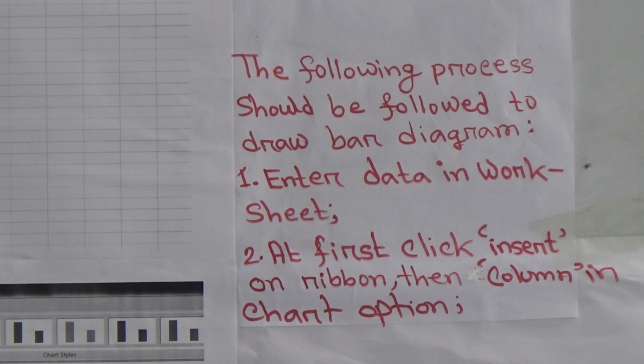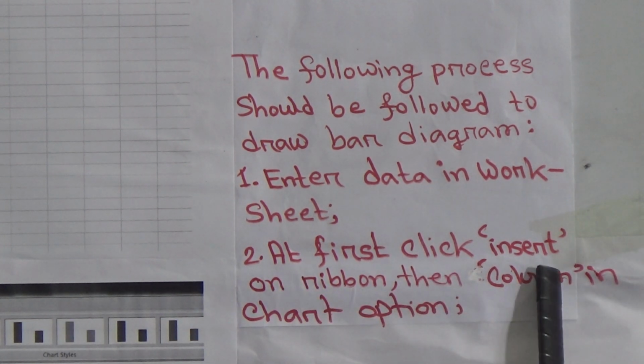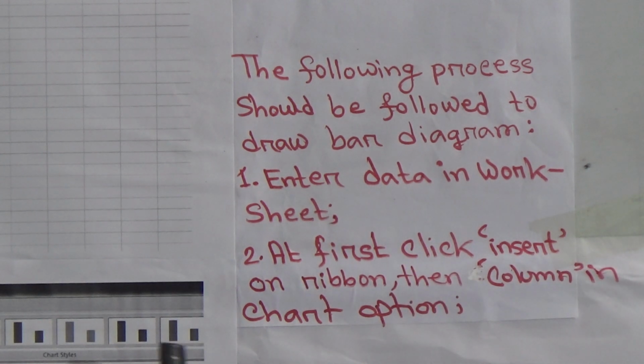We talked about ribbon in our previous classes. After clicking on insert button, from chart options you will get different types of bar diagram. So you need to select one, then the diagram will appear. So this is all about our today's way how to draw a diagram.